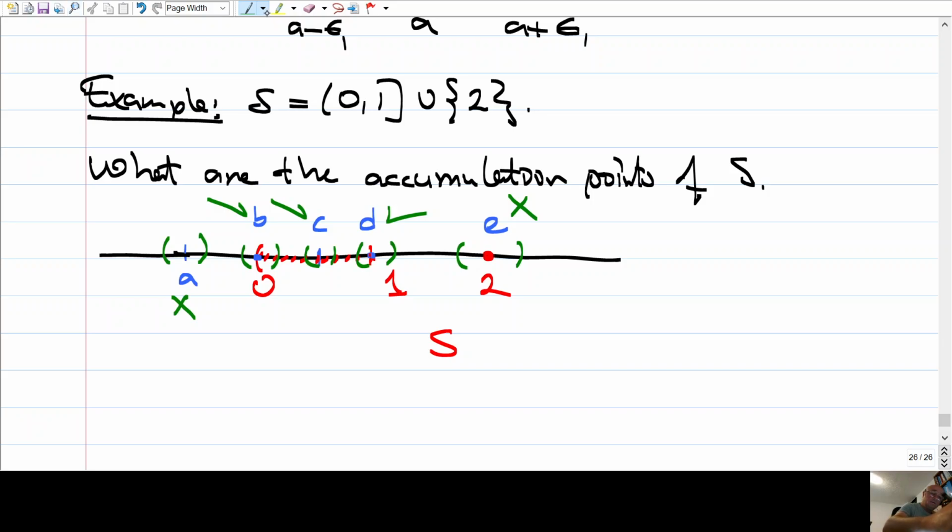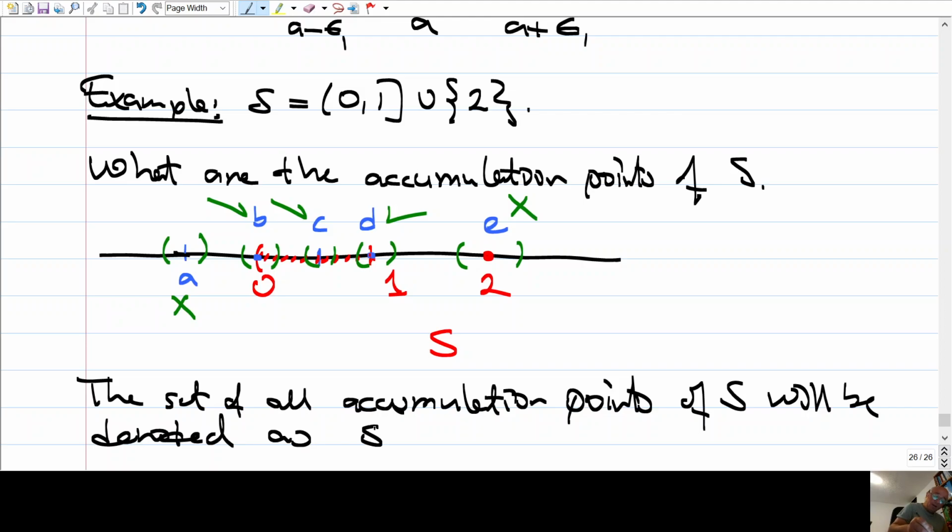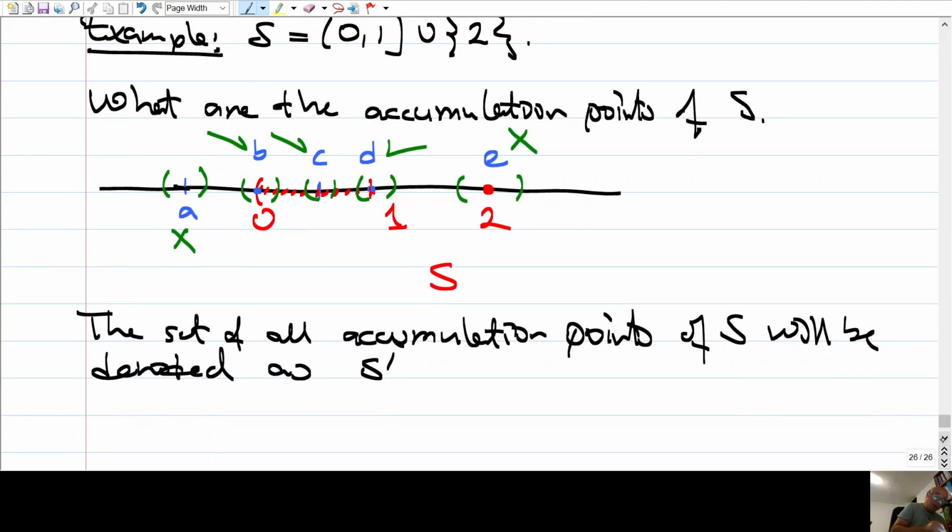The set of all accumulation points of S will be denoted as S prime.